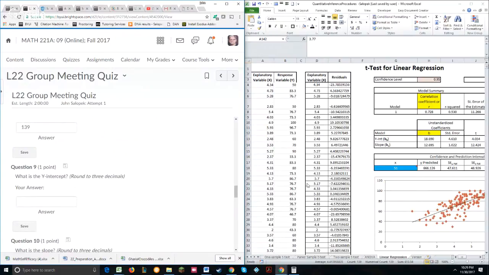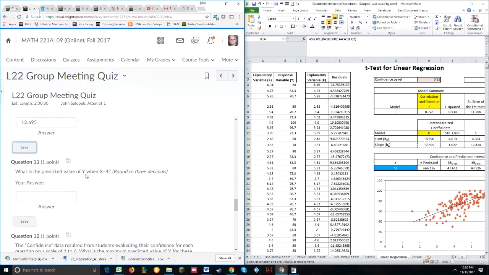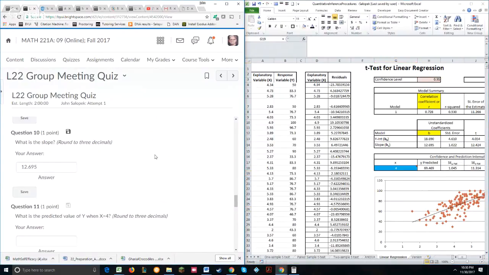What is the y-intercept? 18.690. 18.690. What is the predicted value of y when x equals 4? I think you skipped over question 10. Oh, I did that one.